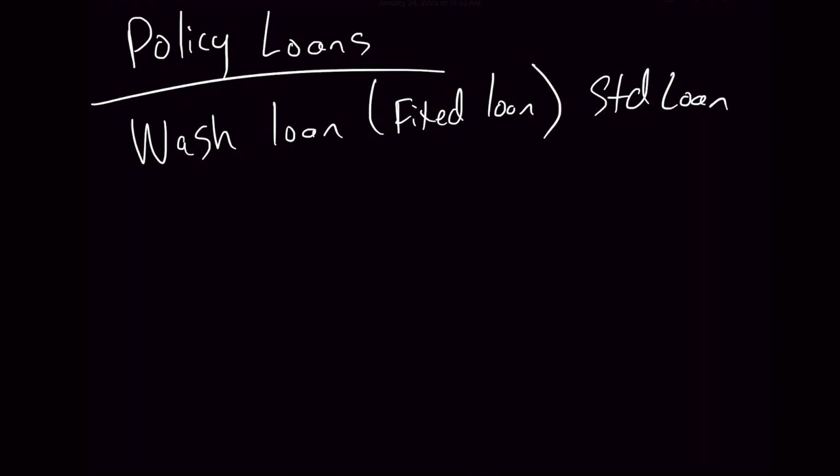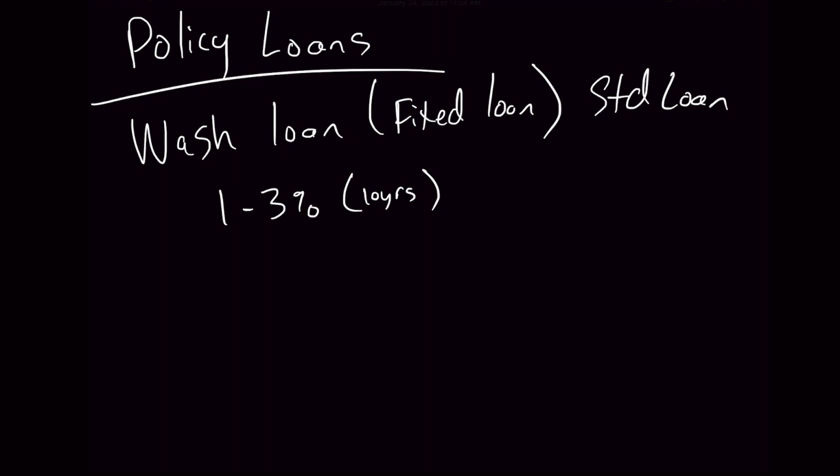Your fixed loan, your wash loan, your standard loan, the company is going to charge you a certain rate. So let's call it maybe between 1% to 3% in the first 10 years. And inside those 10 years, if they're charging you 1% to 3%, they're probably going to credit you back less than what they charge you.